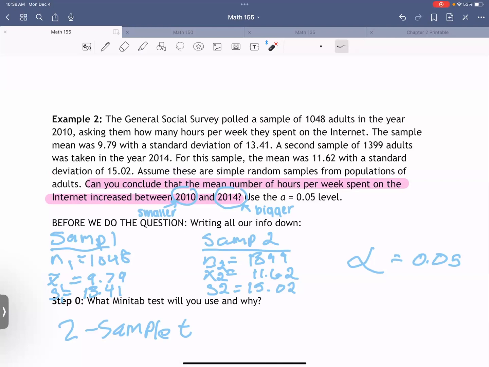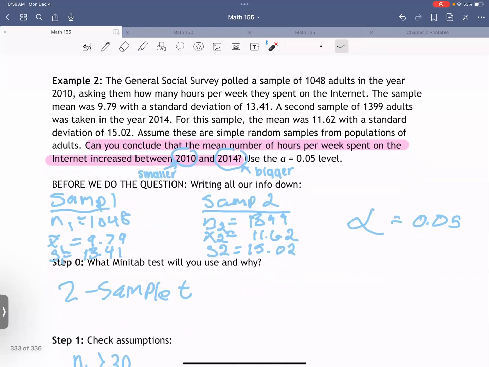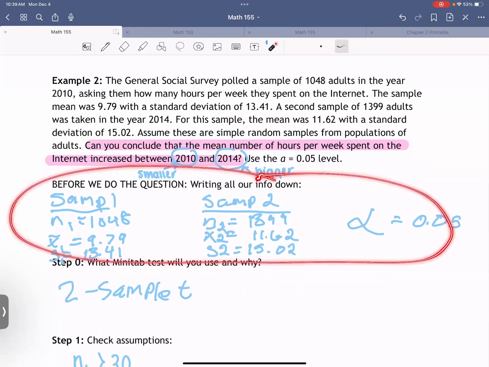Cool. So the first thing I did was get Ashlyn to write down the information. I'm not going to ask you to explain all that because there's a lot going on there. Do we all agree with what Ashlyn wrote down here?